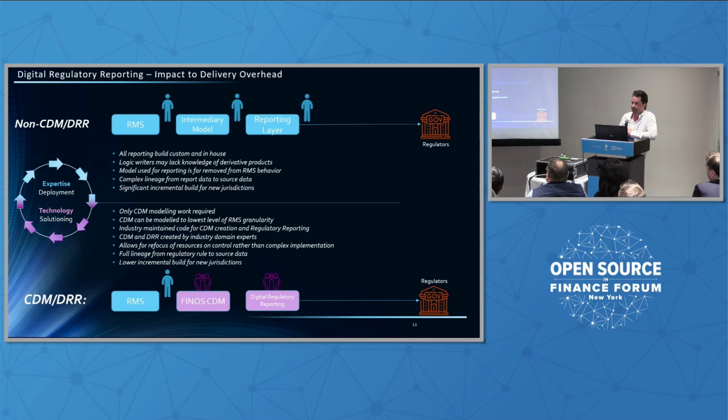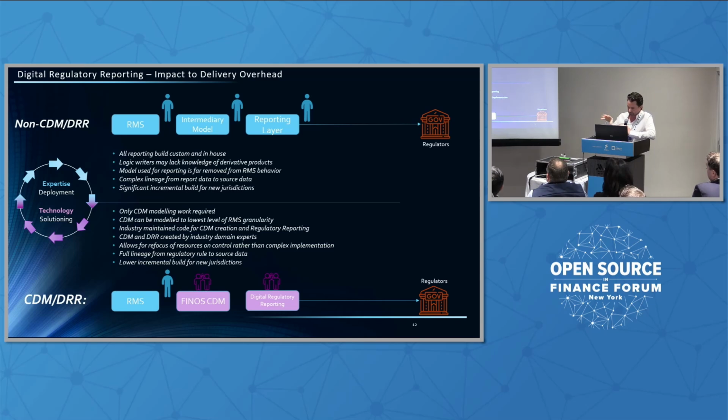The reason being, obviously, the first time we're building everything out, there's a significant enough technology investment to be able to support CDM and DRR in your flow. Depending on your firm's adoption of open source code, there might be some hurdles to go through to get external code into your firm. We've adopted public cloud as part of this solution, which had its own hurdles.